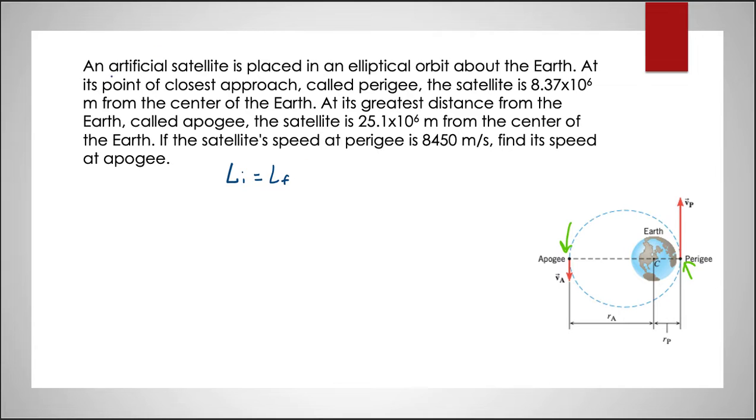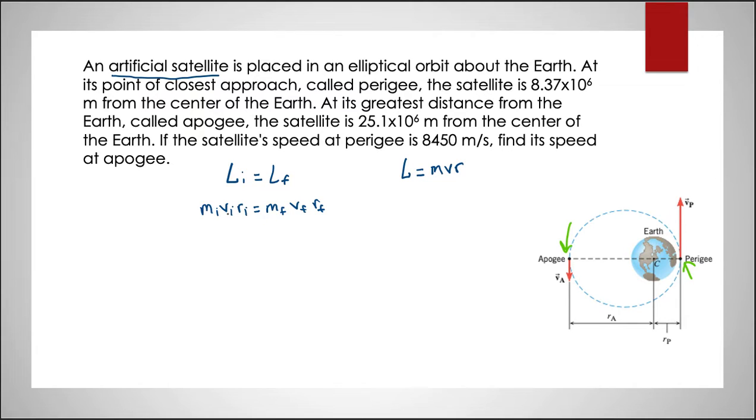Now, since this is an artificial satellite, like we said in one of the earlier videos, that means that L is going to be just mvr. And you can go back and see the derivation for that. But essentially that means m initial v initial r initial is going to equal m final v final r final.